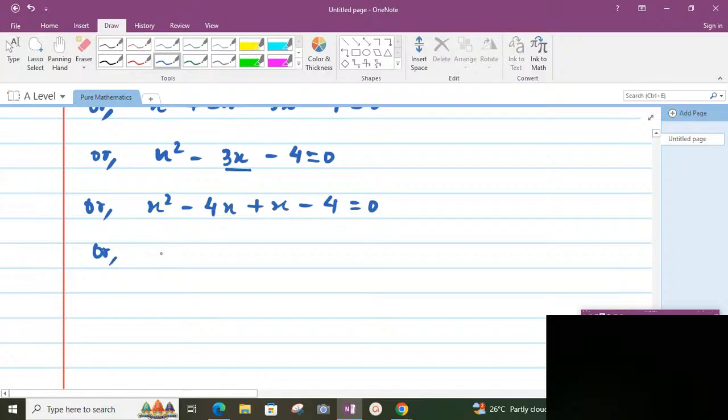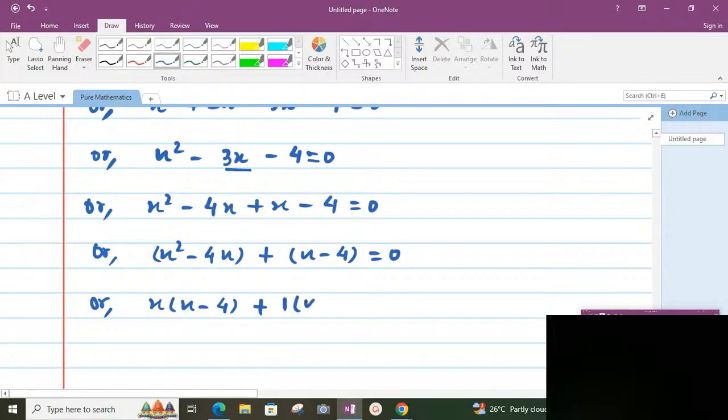So x square minus 4x, this is the first group, plus x minus 4 is the second group. The next step here will be we take x as the common, then we get x minus 4 plus, take 1 as the common, then we get x minus 4 equal to 0.